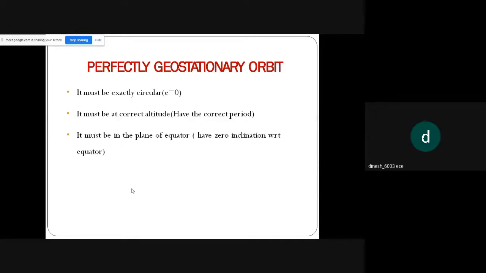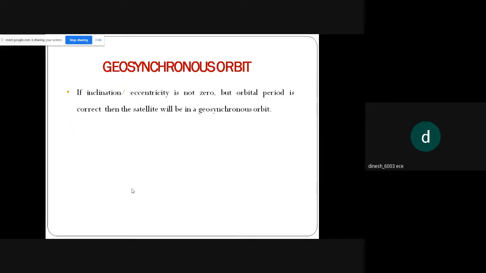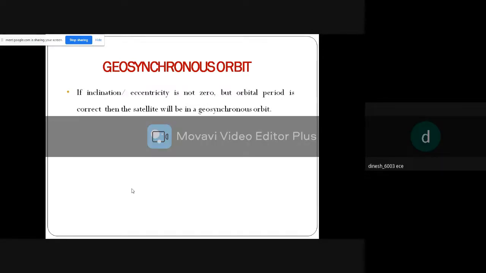Geostationary is the term used if the eccentricity is 0; we call it perfectly geostationary, which is stationed at a particular point in space. If it is not so, though the orbital period is the same, the satellite will go into geosynchronous.